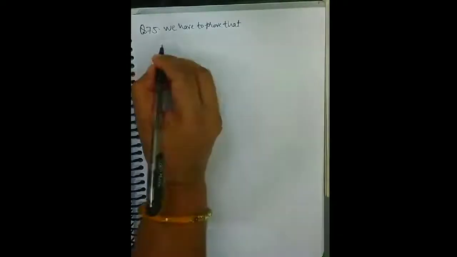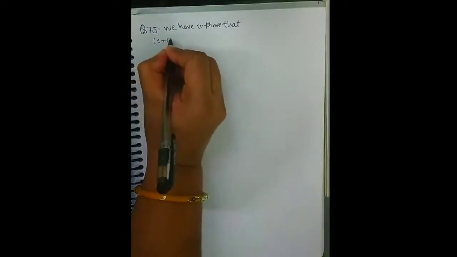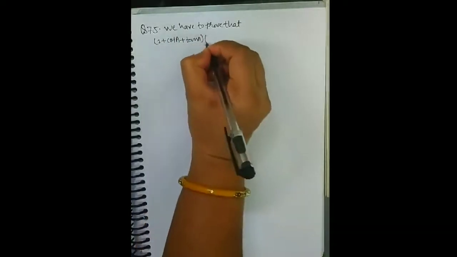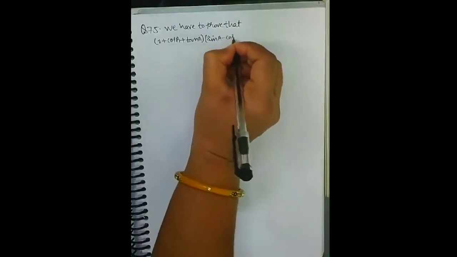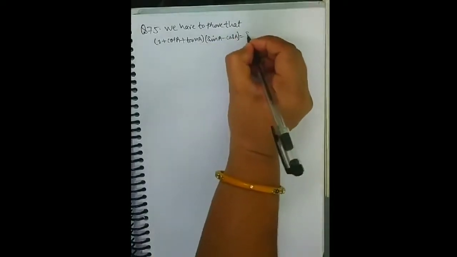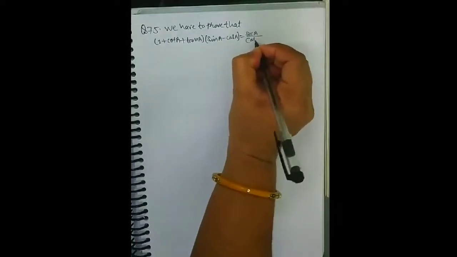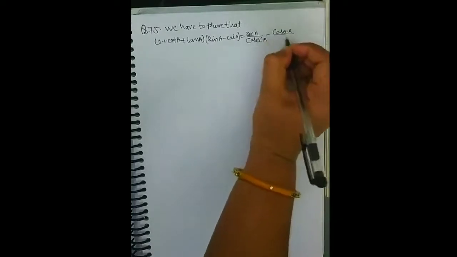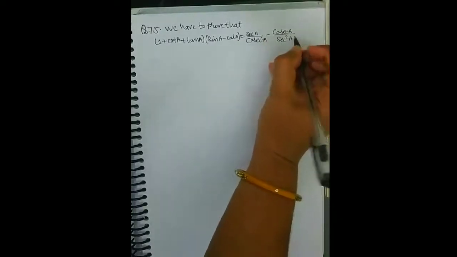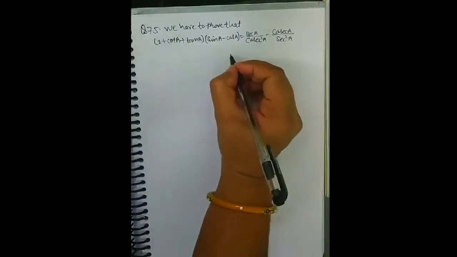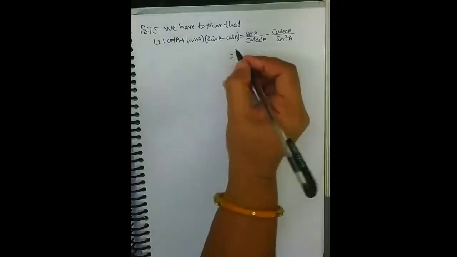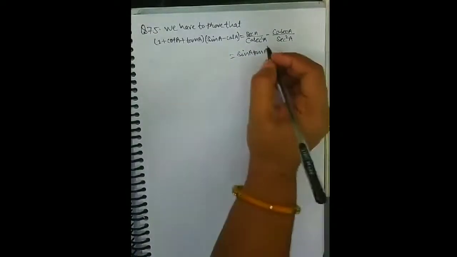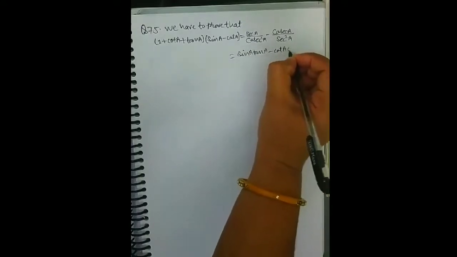We have to prove that (1 plus cot A plus tan A) into (sin A minus cos A) equal to sec A upon cosec square A minus cosec A upon sec square A equal to sin A into tan A minus cot A into cos A.